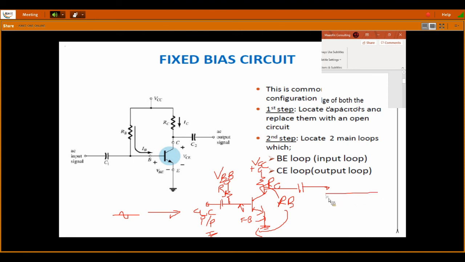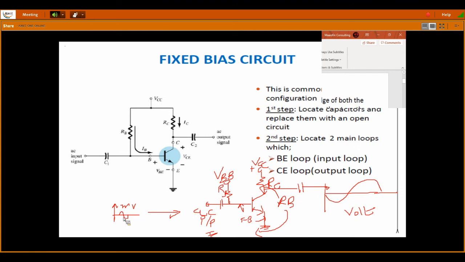As I said, the common emitter configuration gives a 180 degree phase shift with amplification. For example, if I apply a signal of a few millivolts, I could get the output in volts. For the positive input signal, you would get a negative output voltage.